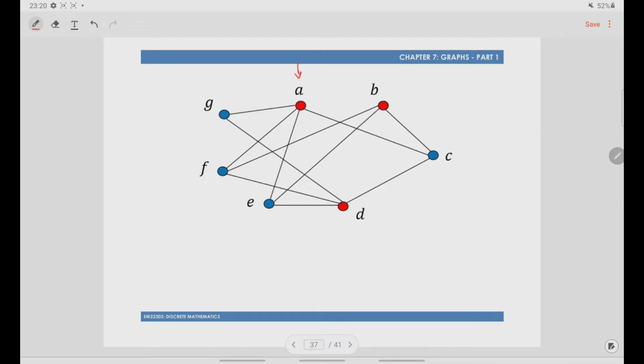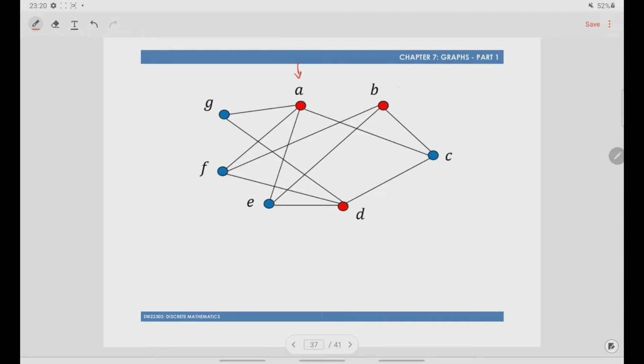B is also connected to E. E is already blue. Then we proceed to the next vertex. B is connected to C. C is already blue. So we cover all the vertices without any change in the color. For the other vertices, G is still blue, F still blue, E still blue, and C also still blue.